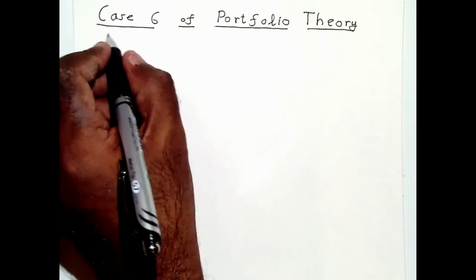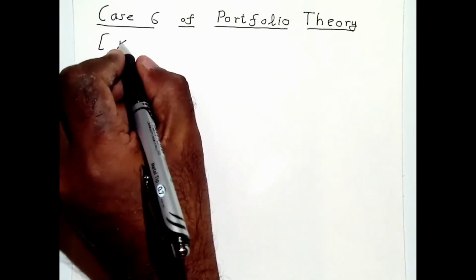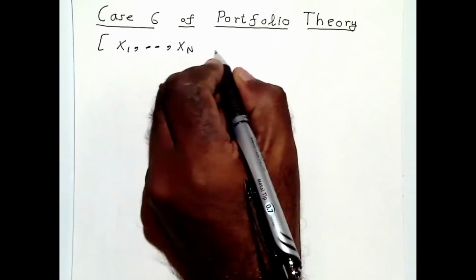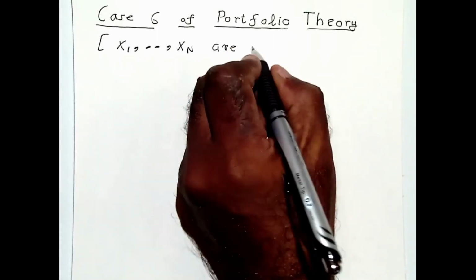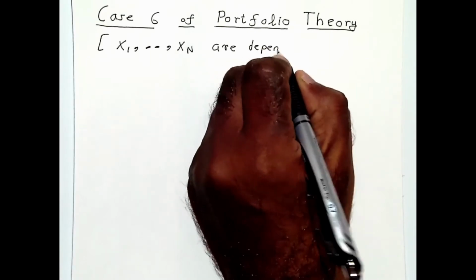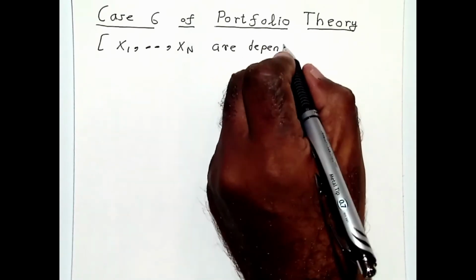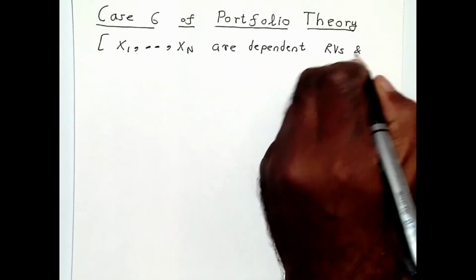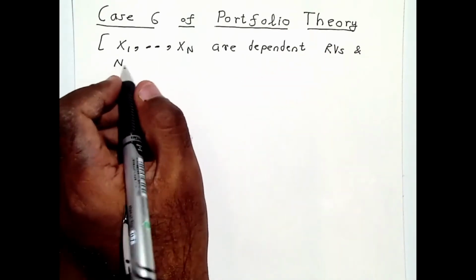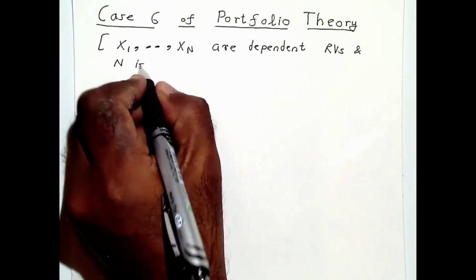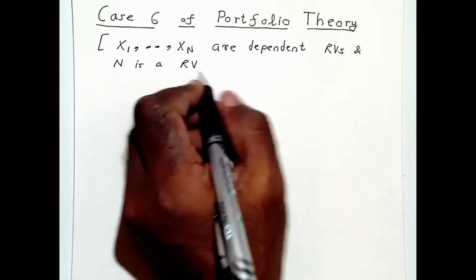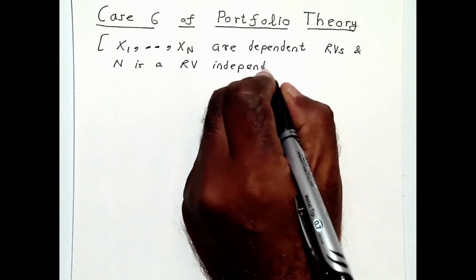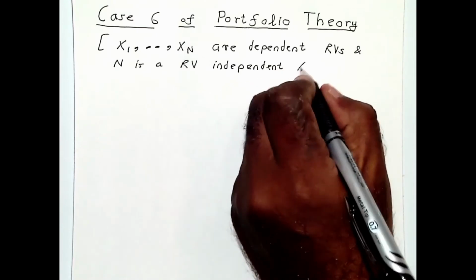Just to remind you what it is, this is where the losses X1 to Xn are dependent variables, and n, the number of investments, is also a random variable independent of the losses.